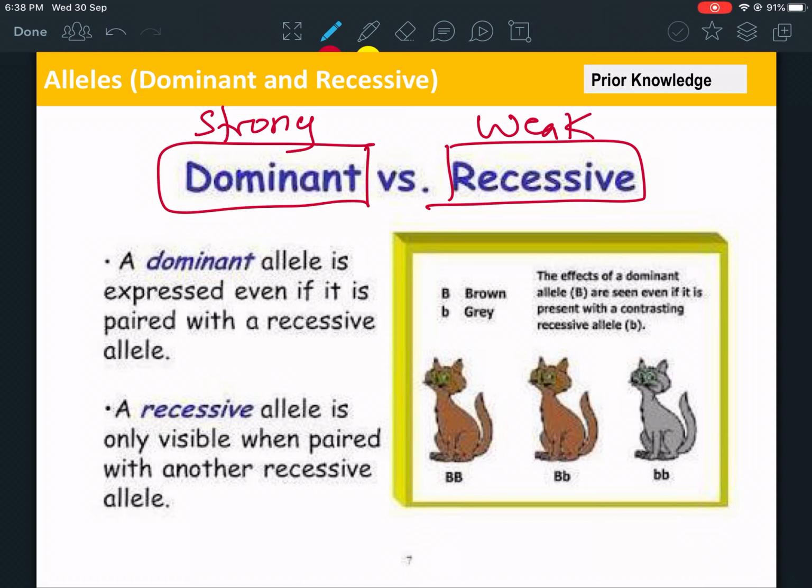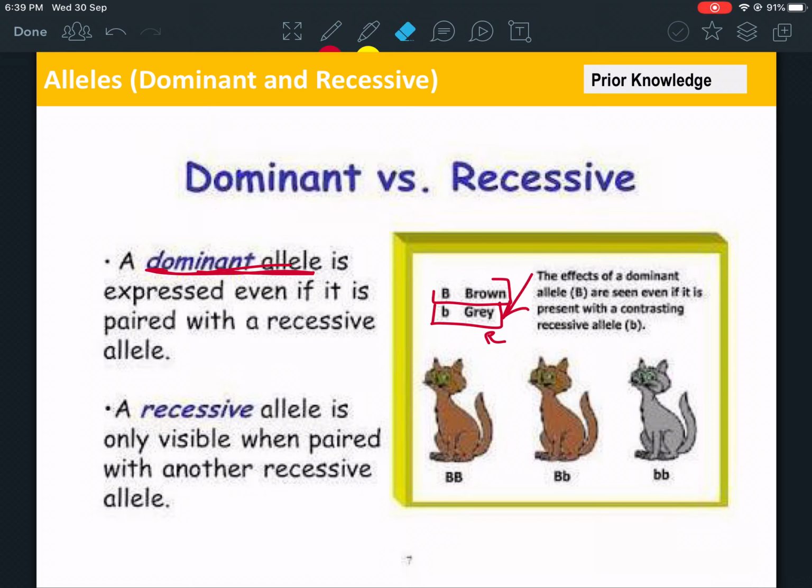A dominant allele is expressed even if the other allele is recessive. Let me show you. The dominant allele is the big B, and it codes for the color brown. They tell you here that brown is dominant and gray is recessive. So brown is strong and gray is weak. Each animal gets 2 alleles, one from each parent.